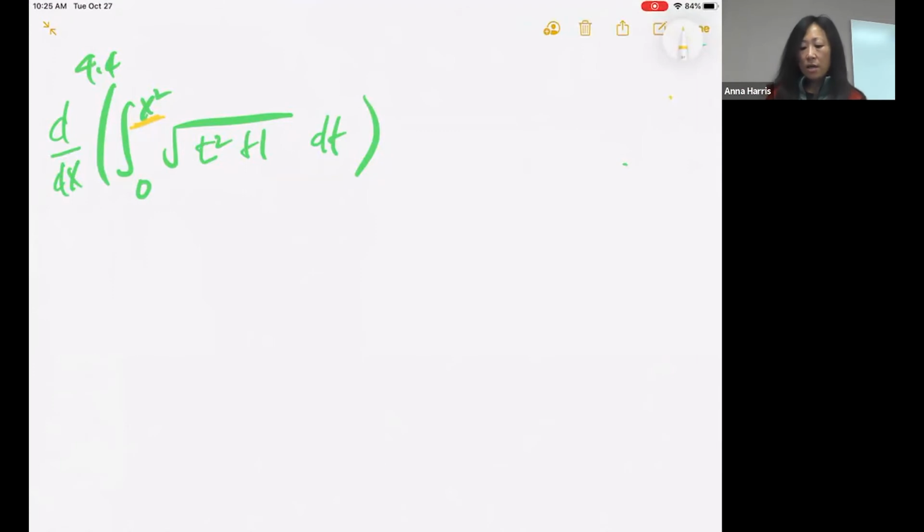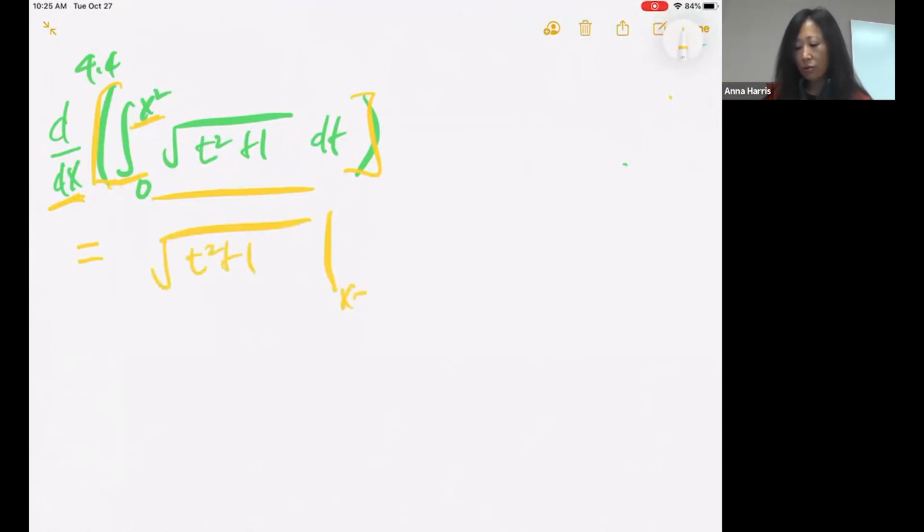All right, so what it says is, if I take the derivative with respect to x of the entire thing, you can think of the antiderivative and derivative as canceling out. So I can simply do this, but I also need to take the derivative of x squared.